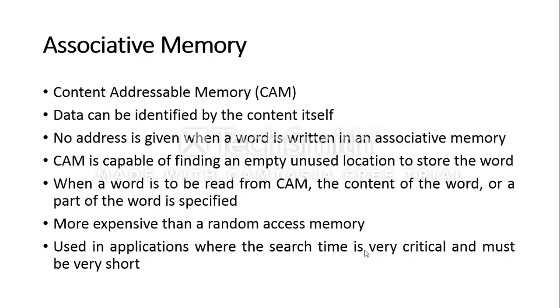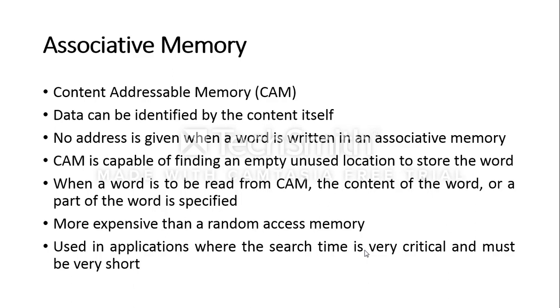If I do not know the exact roll number, let's say the roll numbers are stored using this pattern, 18 BCE and then the actual number in 3 digits, then I can simply write 18 BCE because I do not know what the exact roll number is. So if I simply specify 18 BCE as the search string using which the associative memory is required to produce the matching results, then all the students whose roll numbers start with 18 BCE will be available in the result.